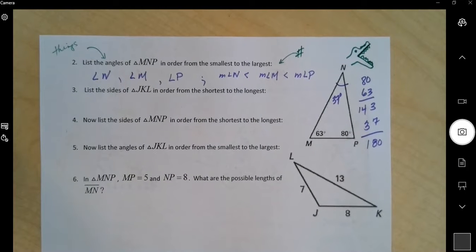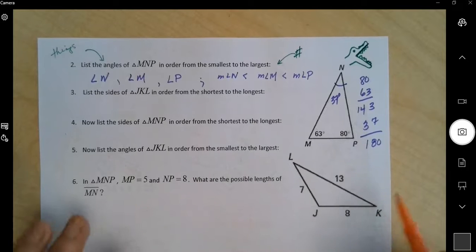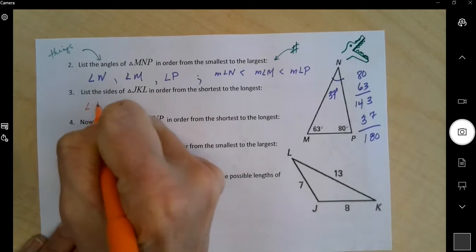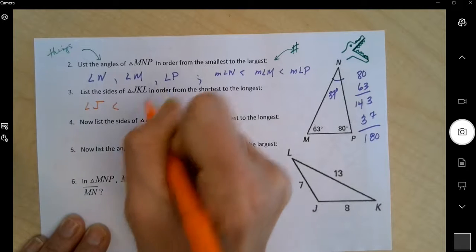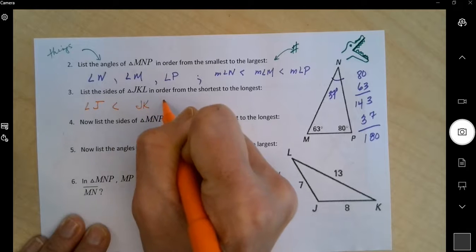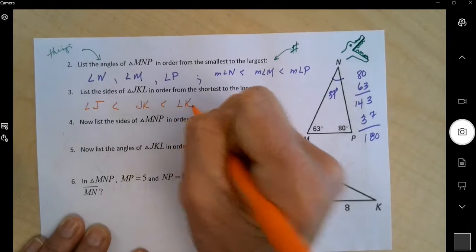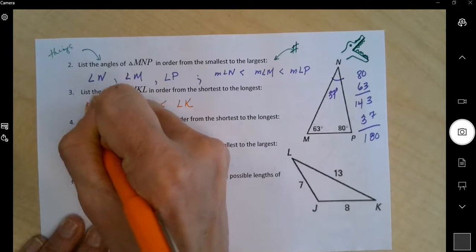All right, so I need to list the sides of JKL in order from least to greatest. So I come down here and I know that the distance from L to J is smaller than the distance from J to K, which is smaller than the distance from L to K. So we have to write like that, because I wrote it like LJK.